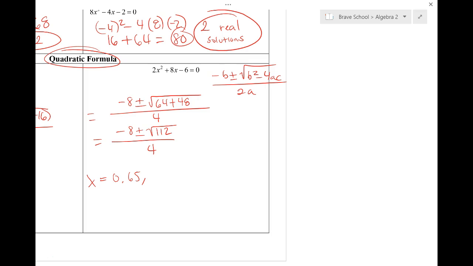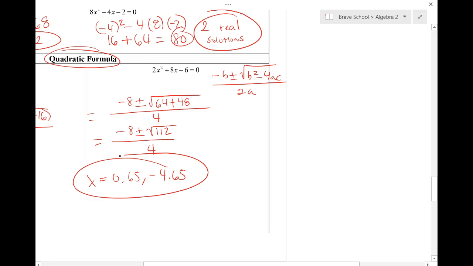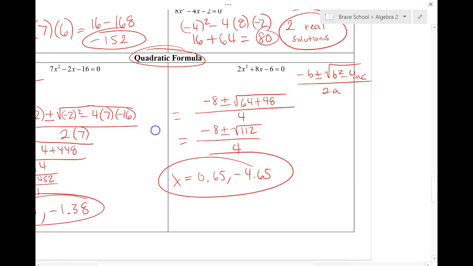So now we're going to do negative 8 minus the square root of 112 divided by 4. And we get negative 4.65 once it's rounded off. Alright, so go ahead and do the problems that are in Ed Puzzle.